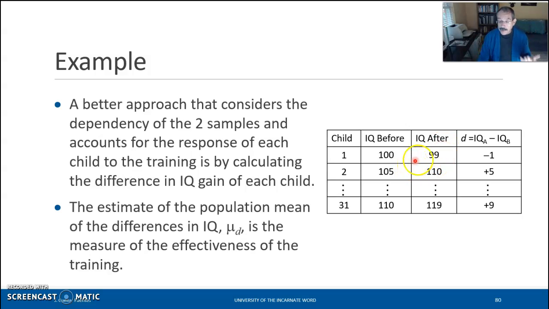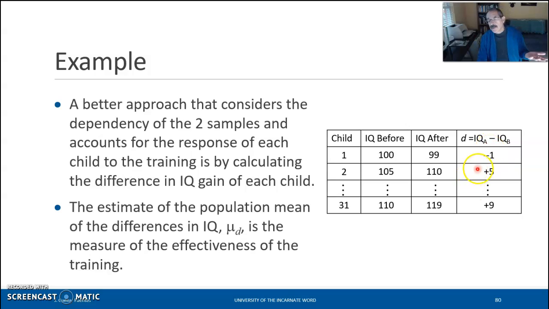The better approach, and what we call the correct approach, is to take the difference between the observations before and after, and then analyze those differences. We use the letter D to designate the difference between the observations, in this case, after minus before. And you see here the gains in IQ before and after the training.